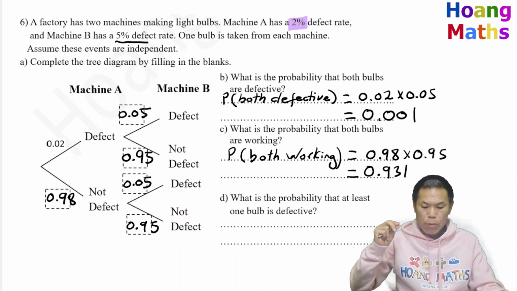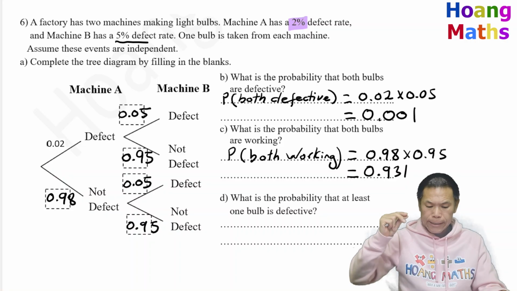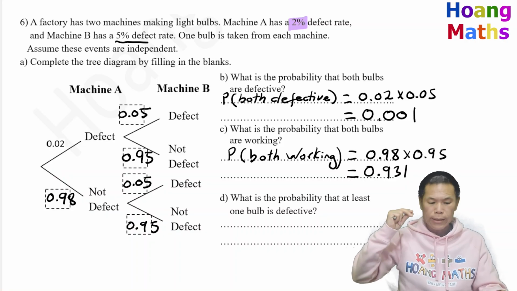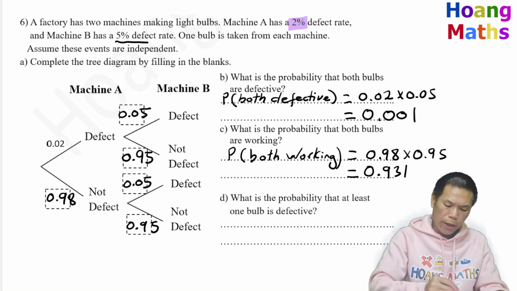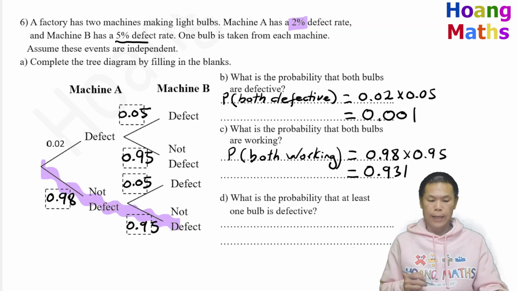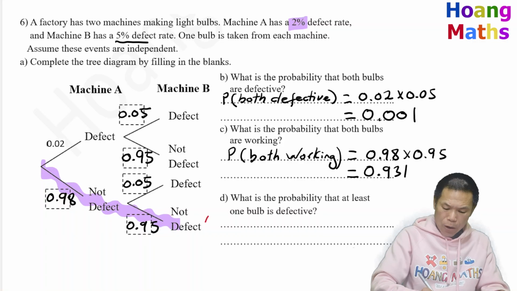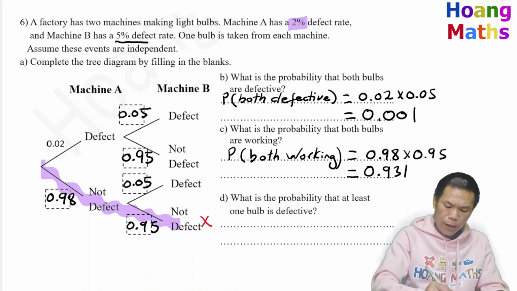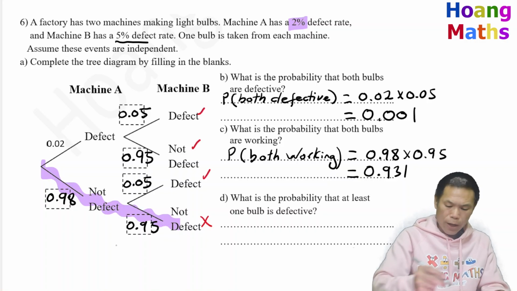Part D. What is the probability that at least one bulb is defective? At least one defective. So we don't want both not defective. We do not want that, okay? So that means 1 minus 0.98 times 0.95 will give us these 3 here. Okay, so let me just write this down.